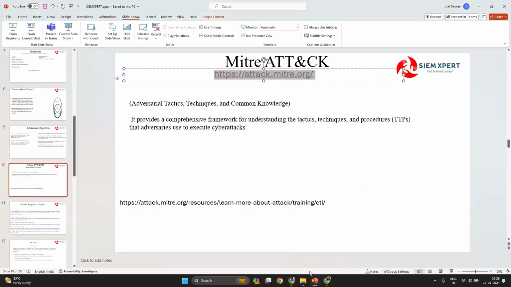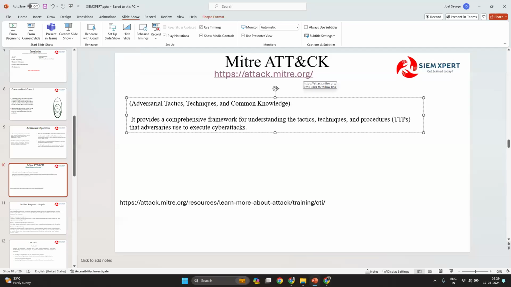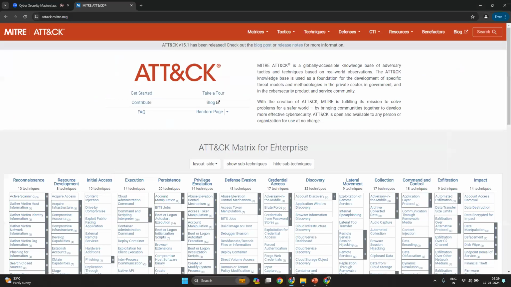So what is the MITRE ATT&CK framework, and what is this acronym? Basically, ATT&CK stands for tactics, techniques, and common knowledge. MITRE ATT&CK is considered a knowledge base for security teams to refer to, basically an extension of your cyber kill chain.